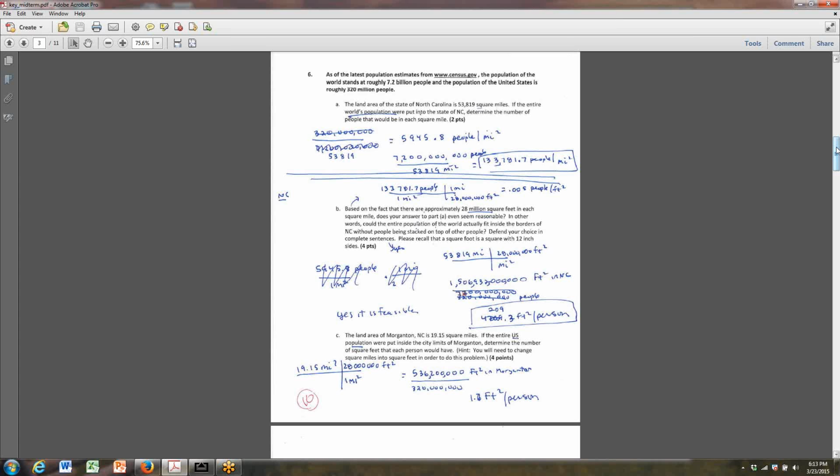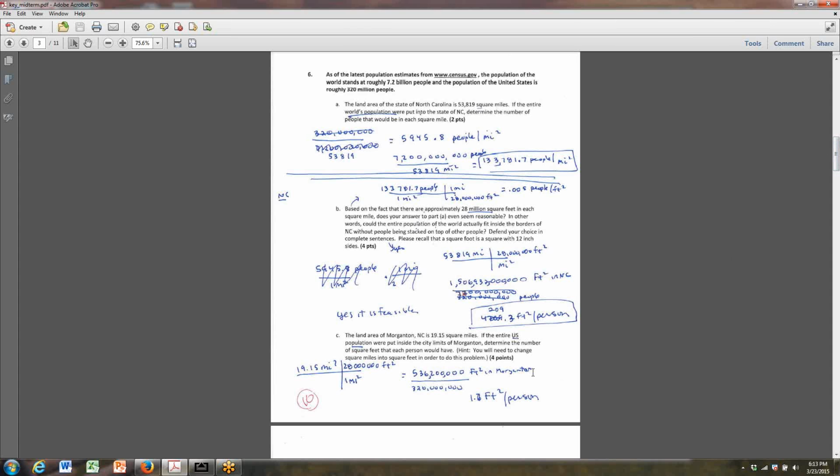So we know there's the world population, and this is number 6. We know there's 7.2 billion people in the world, and that North Carolina is 53,819 square miles.